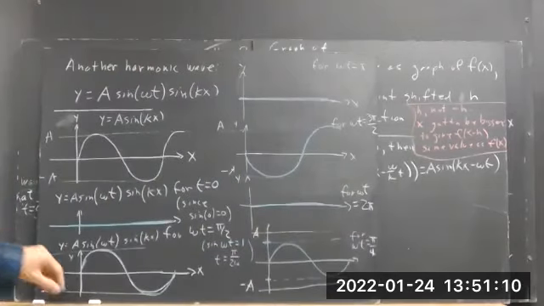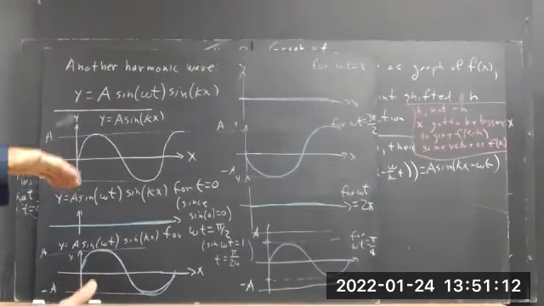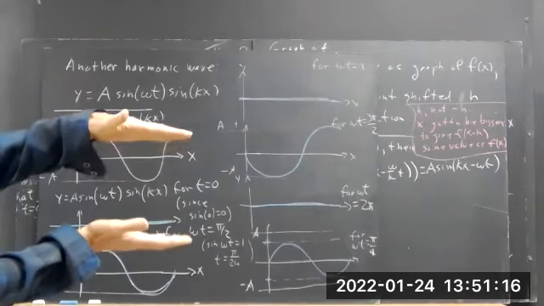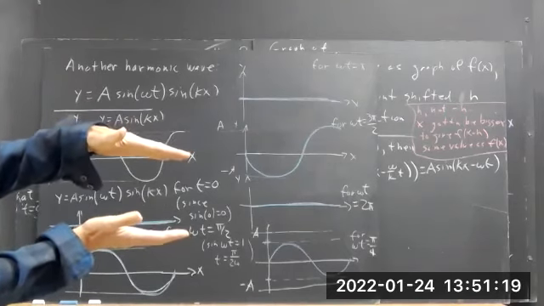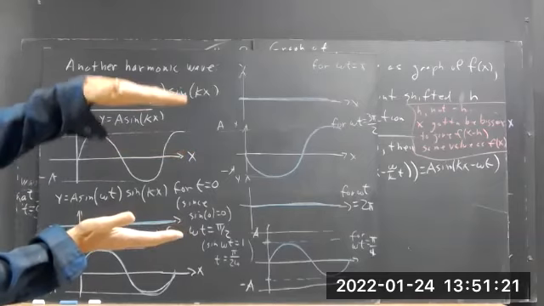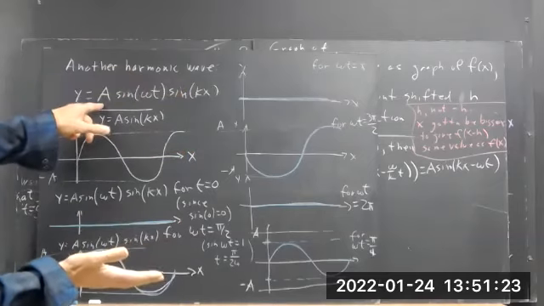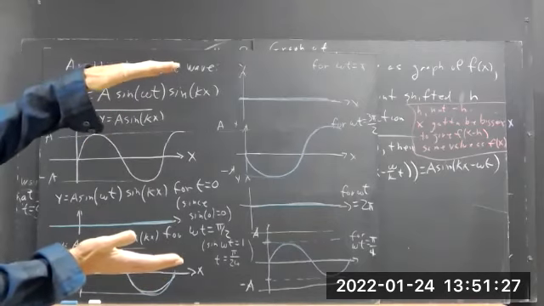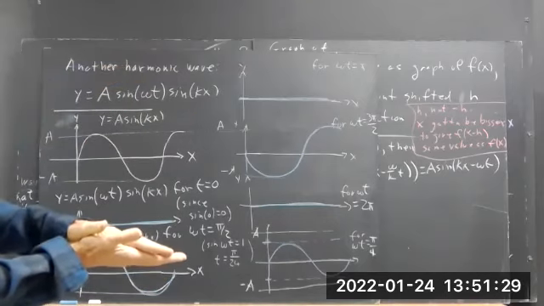So what's going to happen at t equals 0, that is flat. At t equals pi over 4, it's up here. At t equals pi over 2, it's all the way up here at full amplitude A. And then it comes back down to 0.